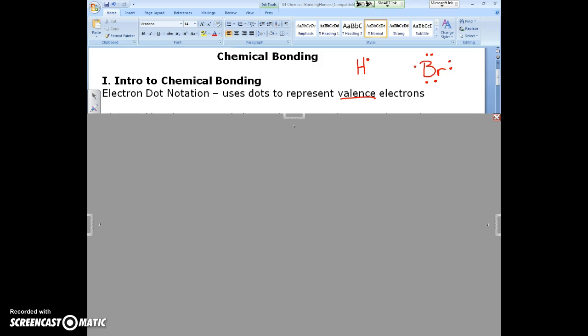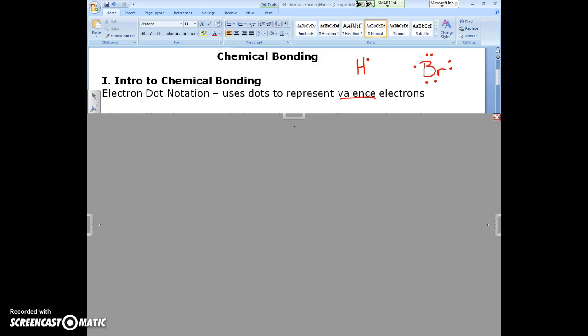The other thing that we have to remember from last chapter is the octet rule, that atoms want to either gain, lose, or share electrons in order to obtain a full set of valence electrons, or that magic number of 8. Now, everybody wants 8 except for the little guys: hydrogen, helium, lithium, and beryllium.